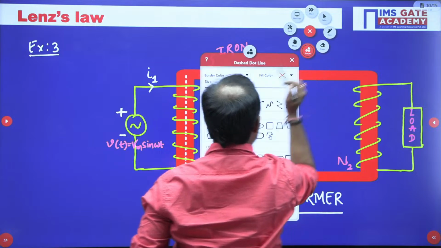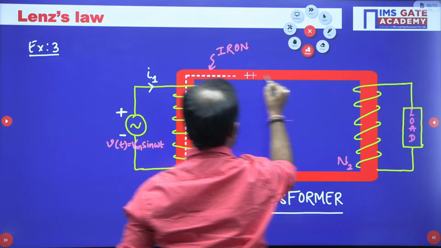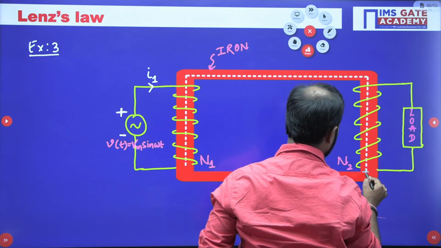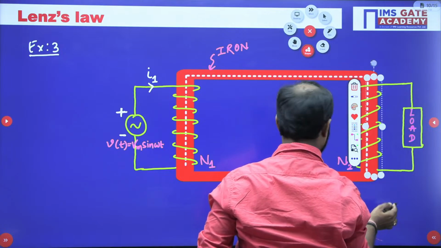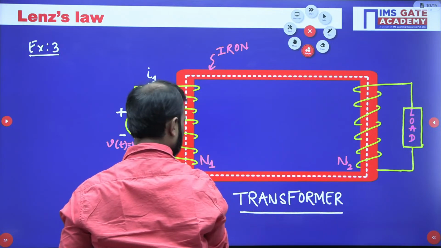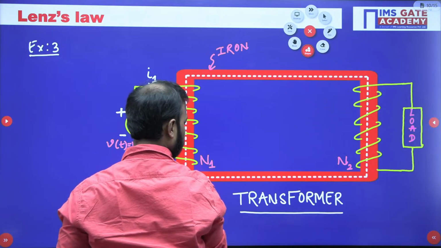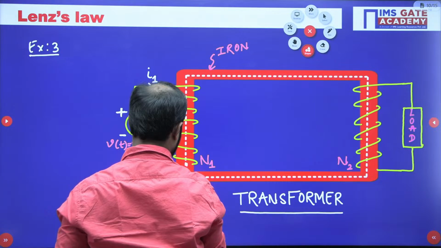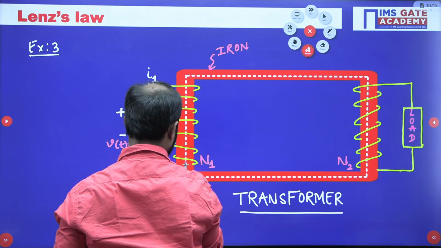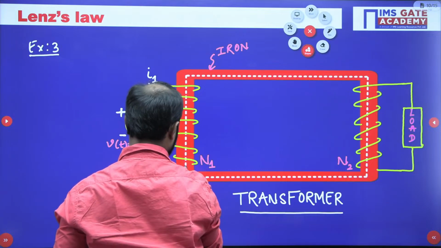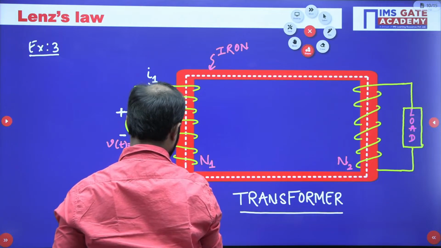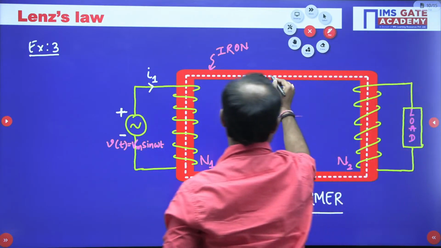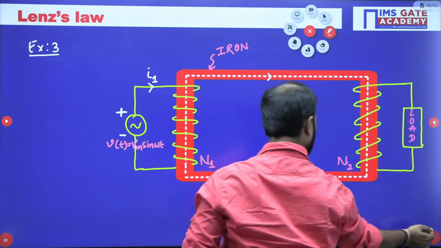Similarly, here also it will flow like this. Similarly here. So this is the direction of your magnetic flux.